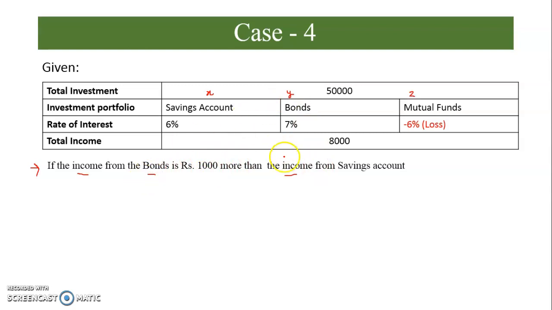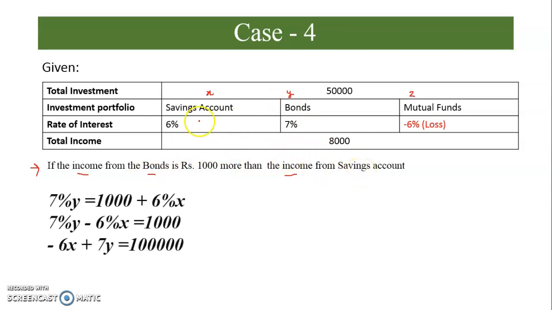So we'll be adding this 1000 to the savings account. So this 1000 will be added to the savings account's income. So this is 7% Y is equal to 1000 plus 6% X. Then you will shift this X to the left hand side and this will remain here only. Then you will multiply this with 100. So this is now your new third equation.